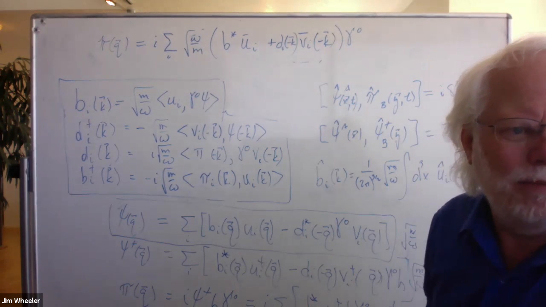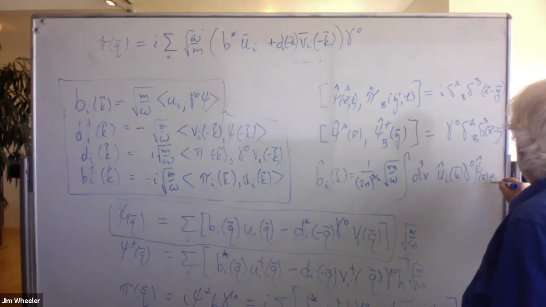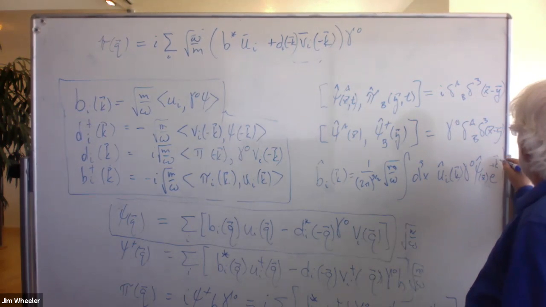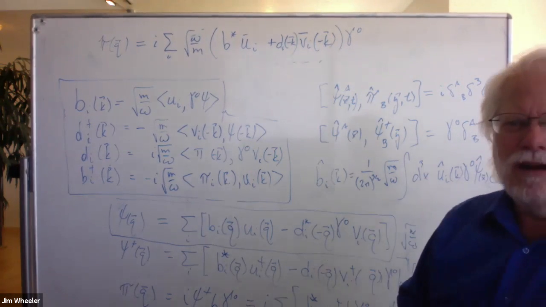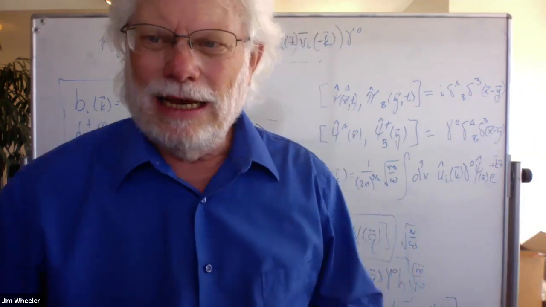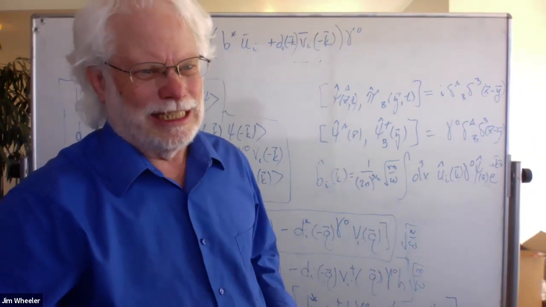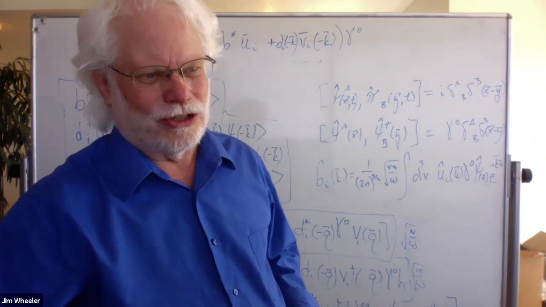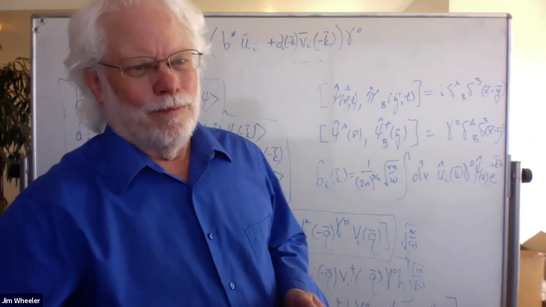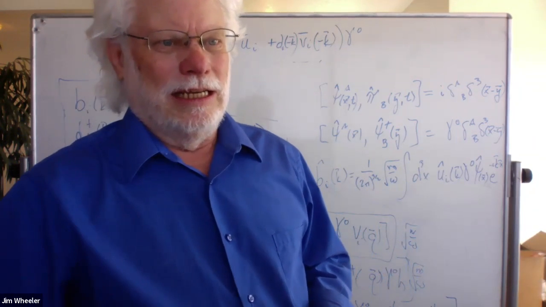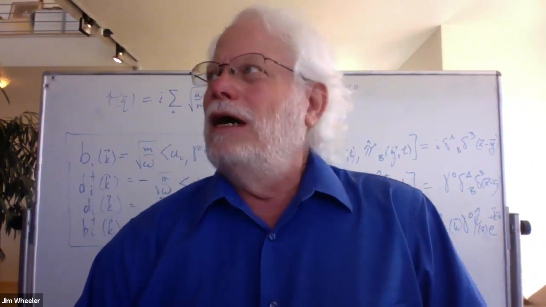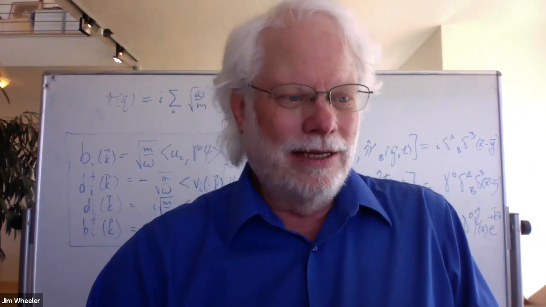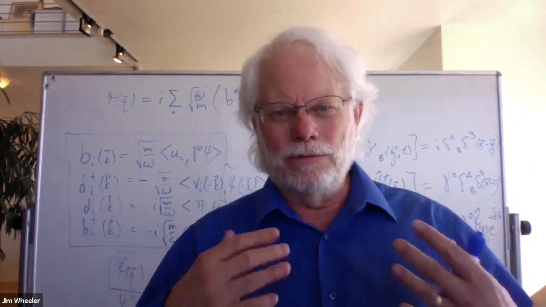And finally, a Fourier mode e to the minus ik dot x. Like that. Okay, so you can write very explicitly all the B's and D's and B daggers and D daggers, and those are, I've written those out in terms of the fields and the basis spinors.